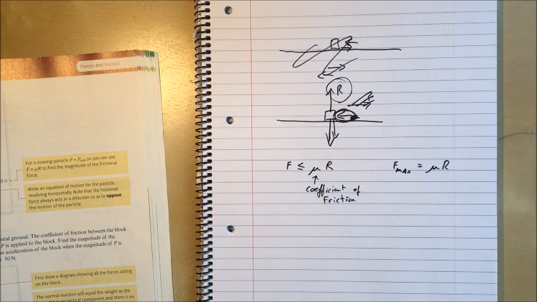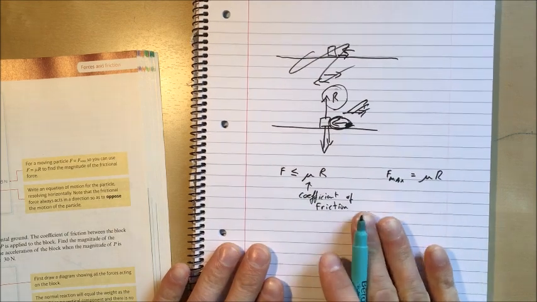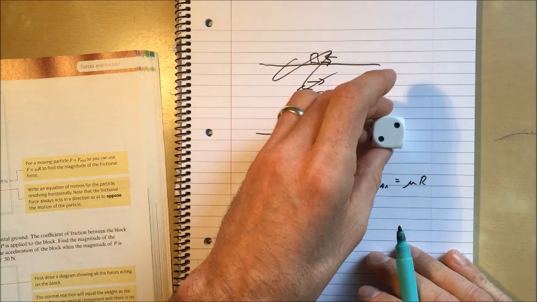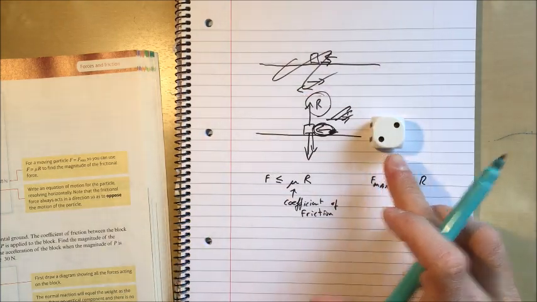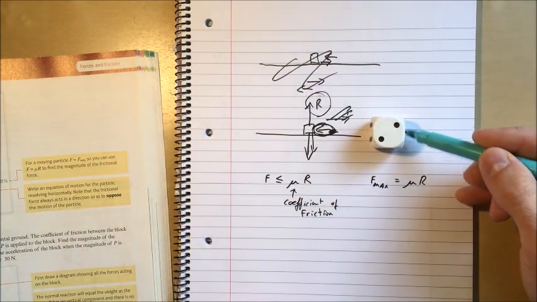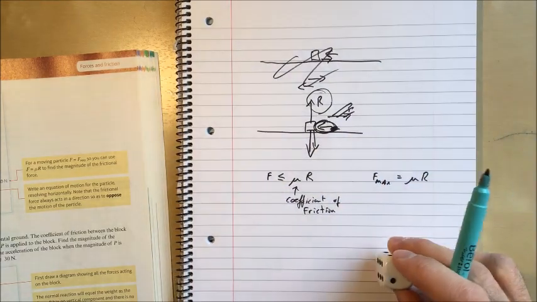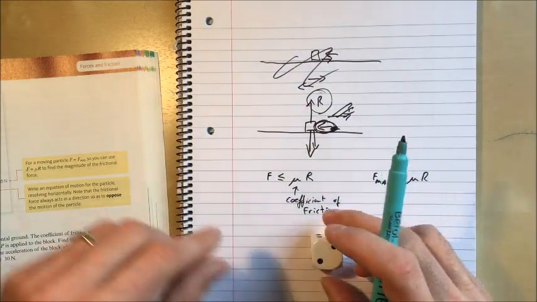And the other thing that we've not talked about, I suppose, is that it depends on the surface. Now, we tend to say in the questions that the surface has a coefficient of friction of mu. Actually, more carefully, the coefficient of friction has to do with the contact between the two surfaces involved. So between the surface of this dice and the surface of the page, there is a coefficient of friction.